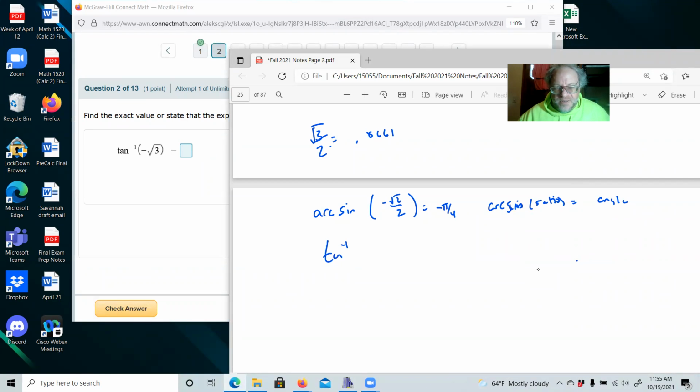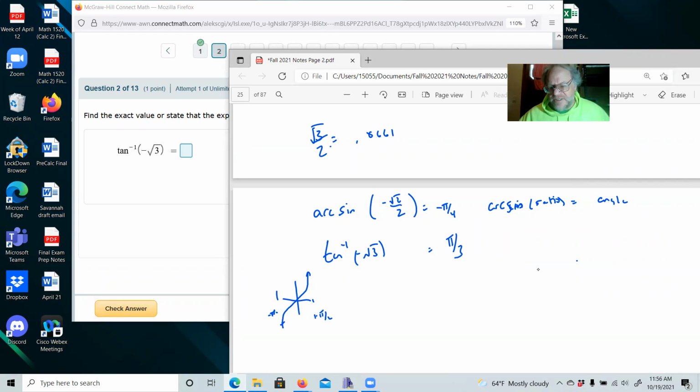Tangent inverse of negative root 3. Well, tangent of what angle gives you root 3? And that was pi over 3. Tangents look like that, so it goes from negative pi over 2 to positive pi over 2.